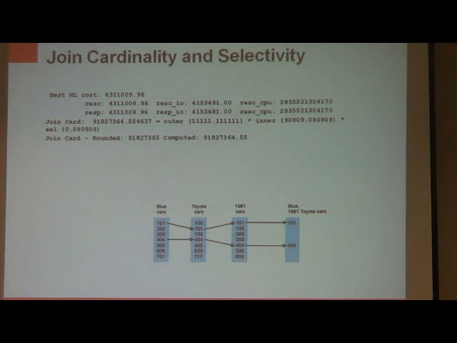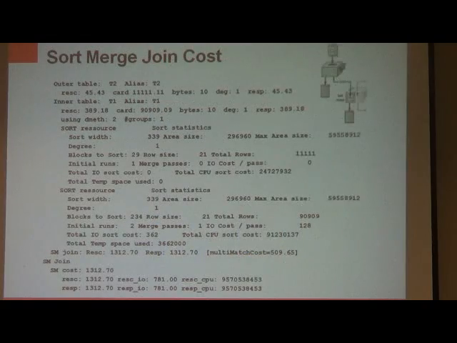But keep in mind, this number represents how many single reads I'm expecting to do. If I multiply this by 12 milliseconds, this is a huge amount of time. But it keeps going. Then it's going to say, okay, let me evaluate a sort merge join. The same 2 tables. On the sort merge join, I have the outer table and I have the inner.